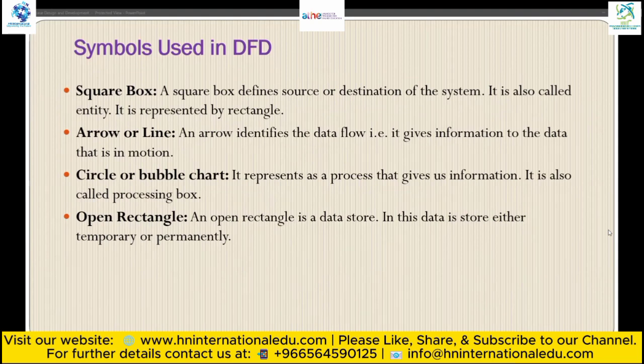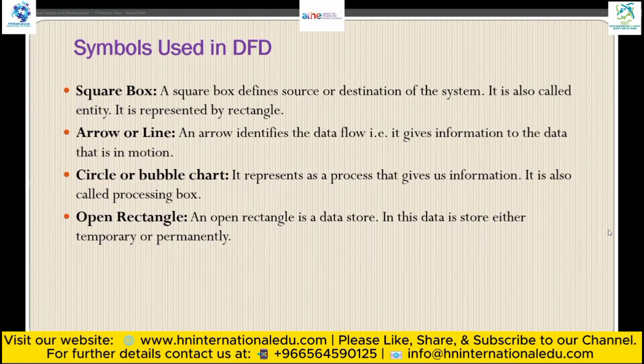Symbols used in DFD. A square box. A square box defines the source or destination of the system. It is also called an entity. An arrow identifies the data flow. It gives information about the data that is in motion.